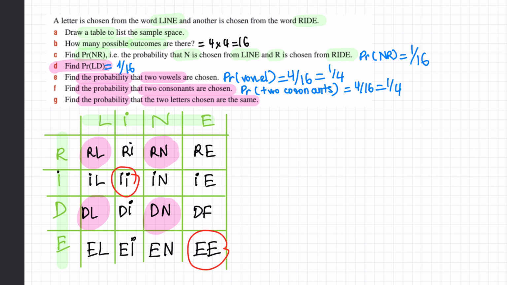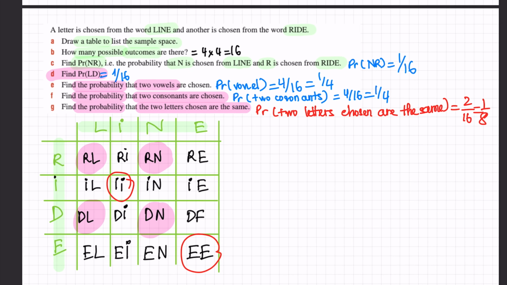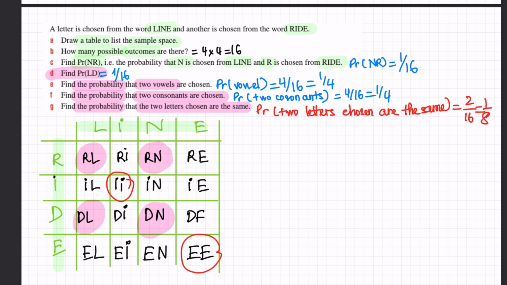So I have 2 outcomes where the letters chosen are the same. 2 out of 16 equals 1 out of 8. Yep, that's the last example of a 2-step experiment. Thanks for watching.